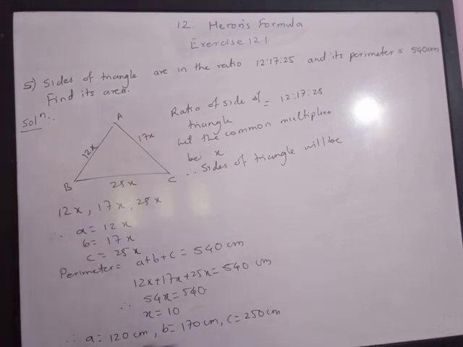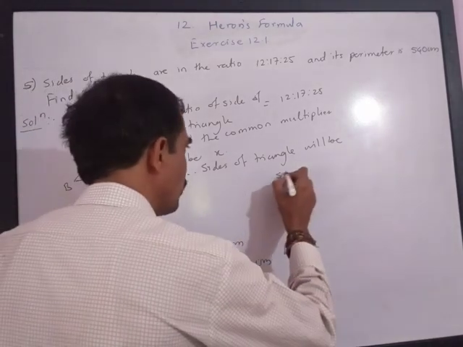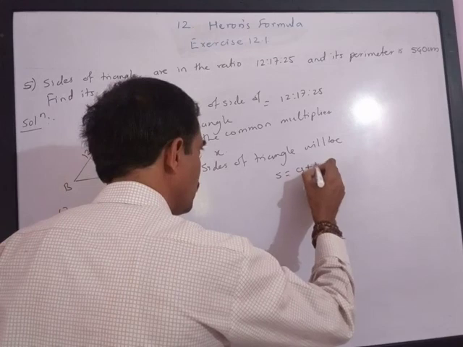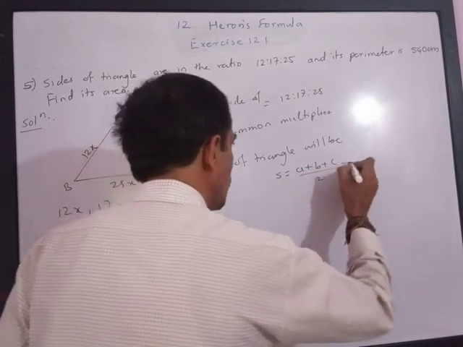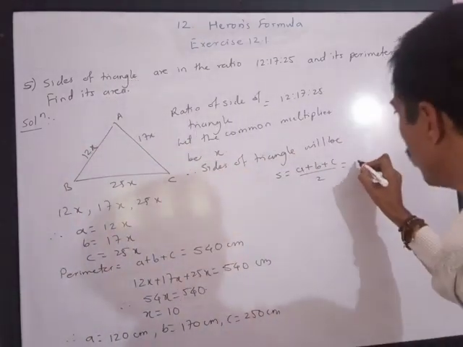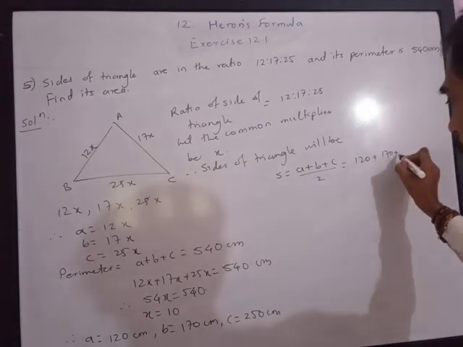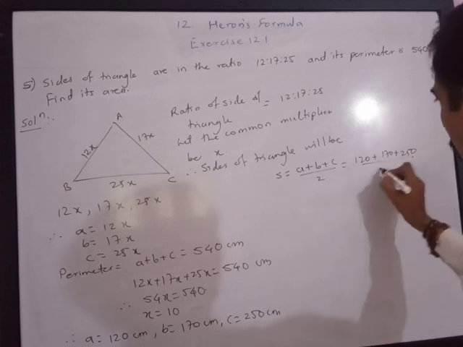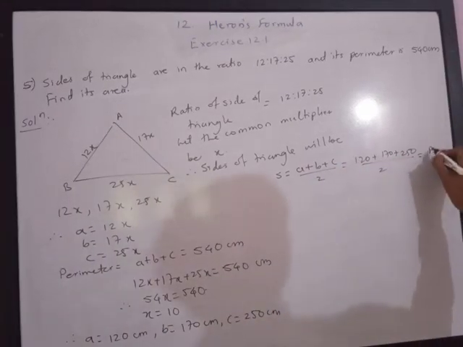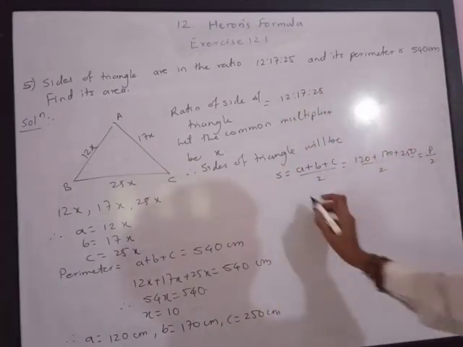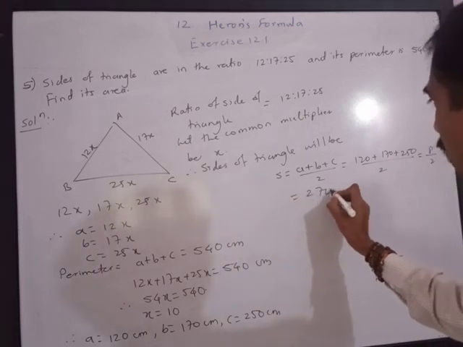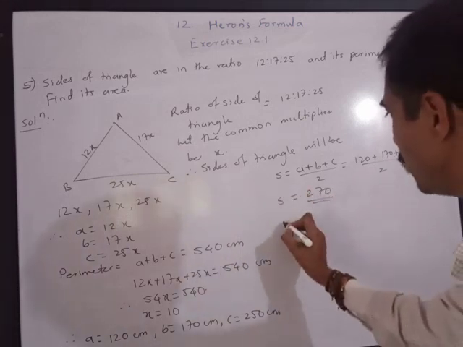Now the semi-perimeter s is equal to a plus b plus c upon 2, that is equal to 120 plus 170 plus 250 upon 2, or we can say it is perimeter upon 2. Perimeter is already given as 540, so this is equal to 270. So we have got the semi-perimeter.